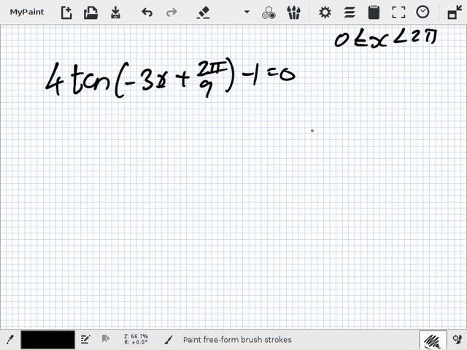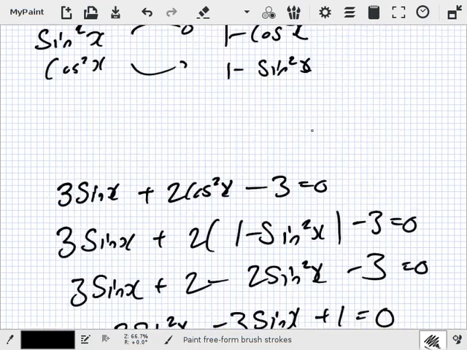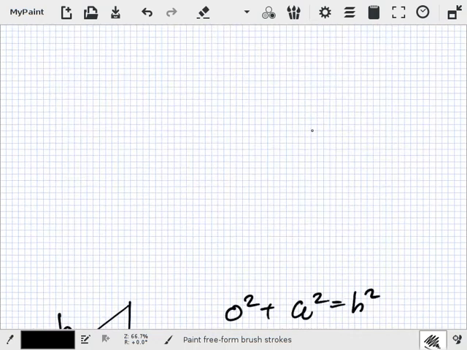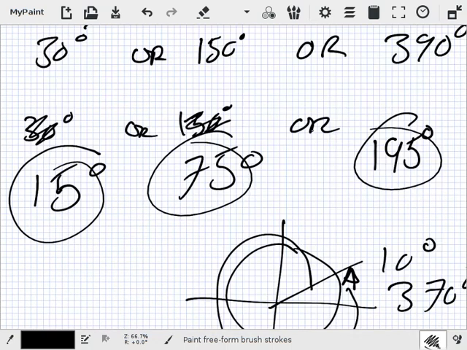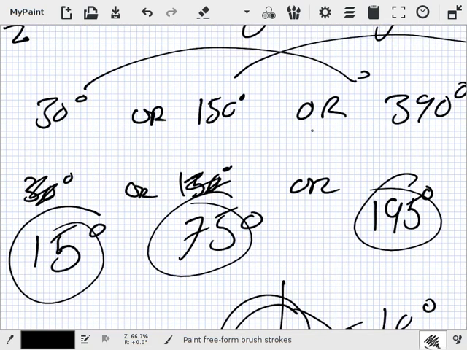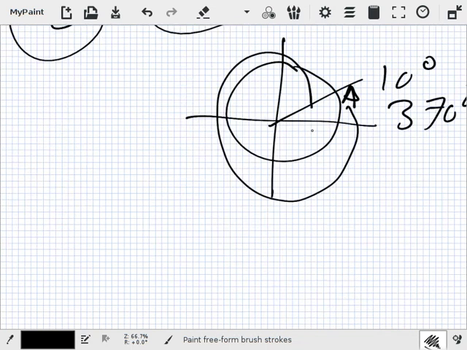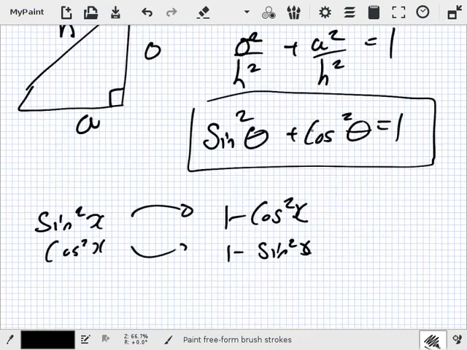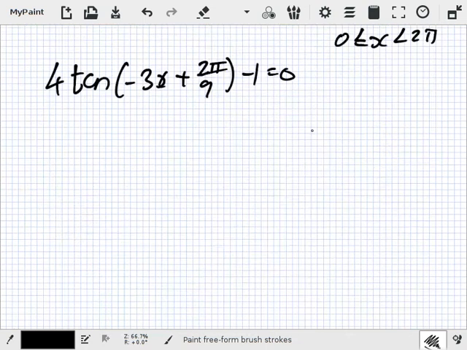Earlier, we divided by 2 at the very end. Some people might think, well, I'll just divide by 2 at the beginning and then add 360 on afterwards. And you don't actually get the right answer if you do it that way. So there is actually an order for doing these.